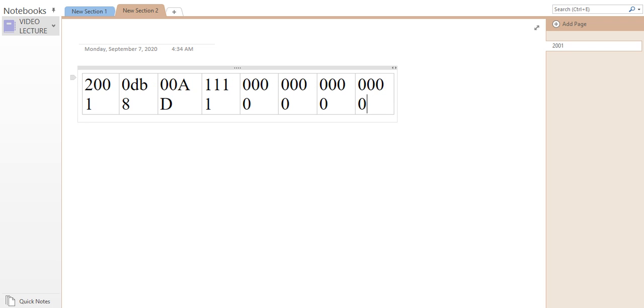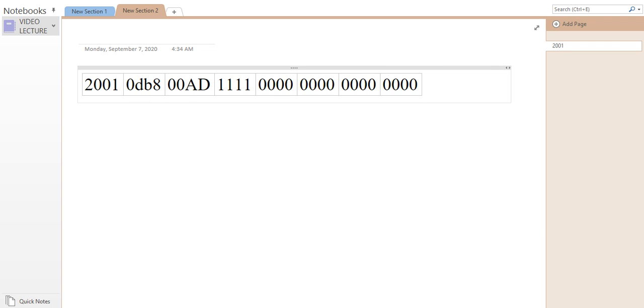Let me make this a little bigger so I can see exactly what I'm trying to do. I think I have 4 here already: 1 2 3 4, and 1 2 3 4. So I do not want this to be all zeros, so I'm going to load this. Okay, so now that is my IPv6 address right here.